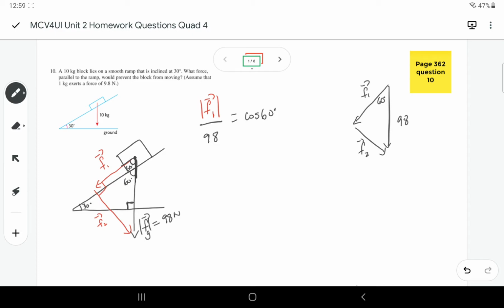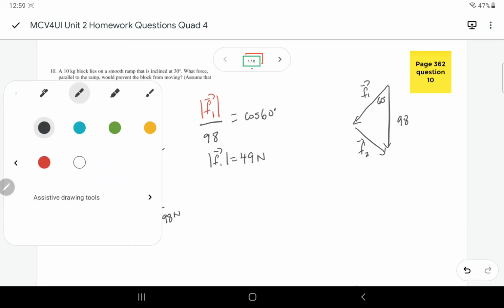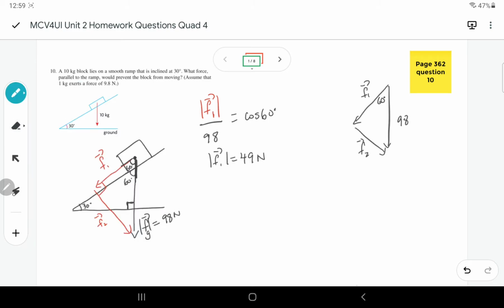And then the magnitude of F1 is going to be 49 newtons. Now that's how much of the force of gravity is going parallel to the ramp going down the ramp. So we would need an equal force, an equilibrium force going up, but the magnitudes of those would be the same.